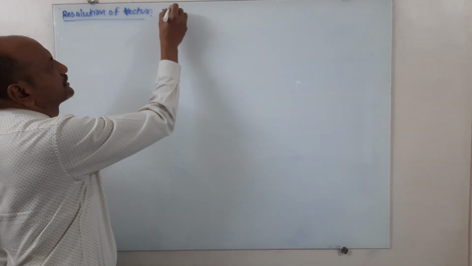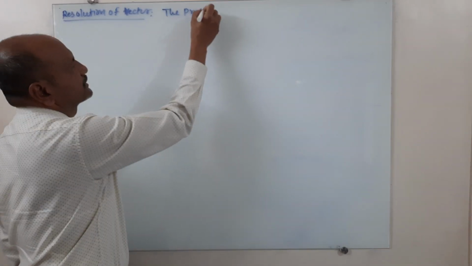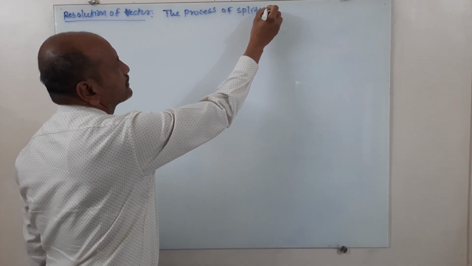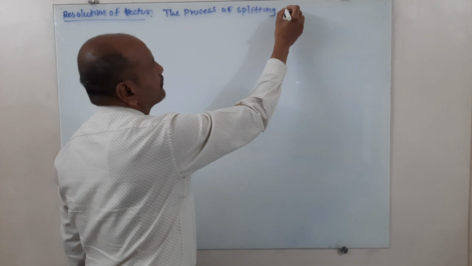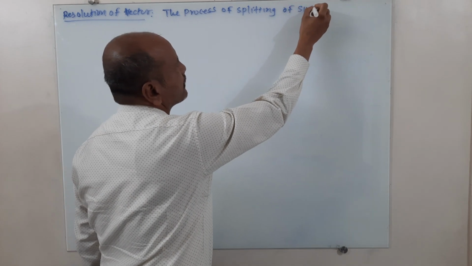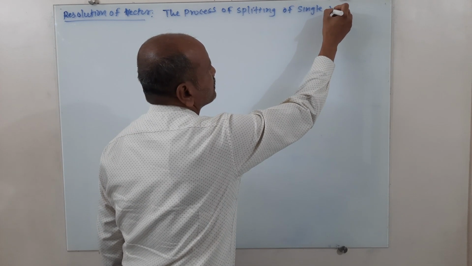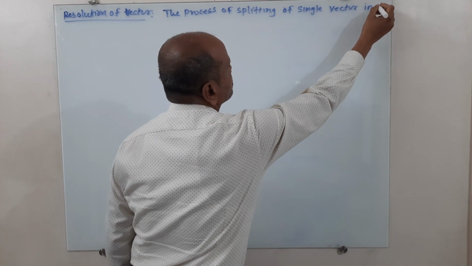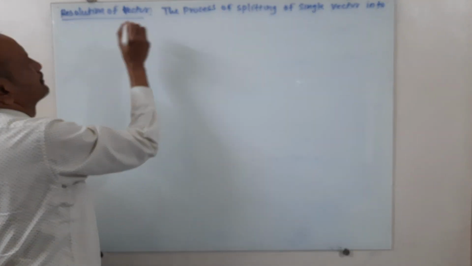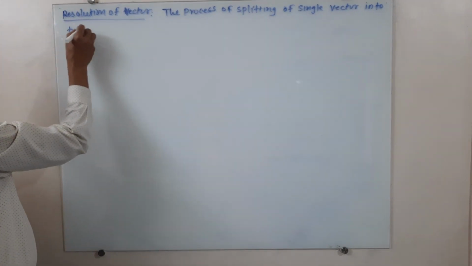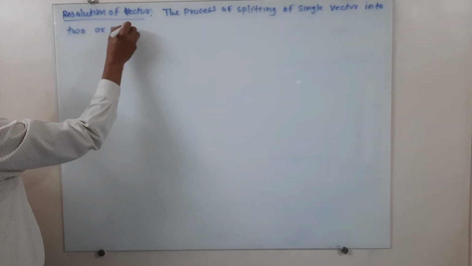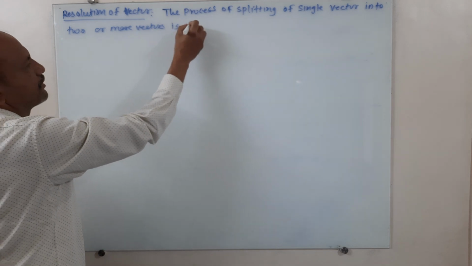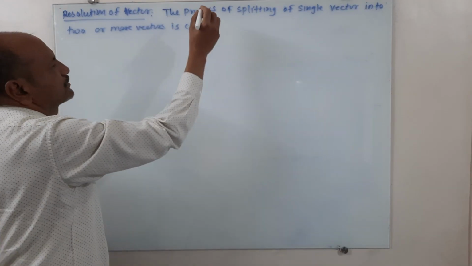The process of splitting of a single vector into two or more vectors is called the resolution of vector.